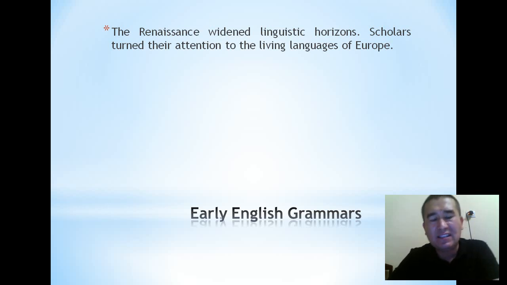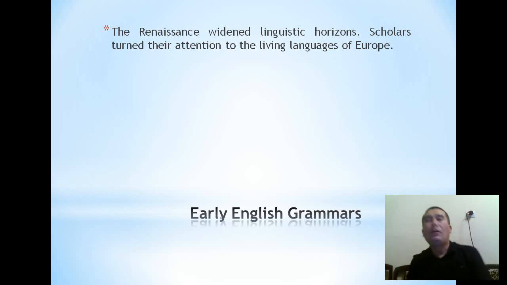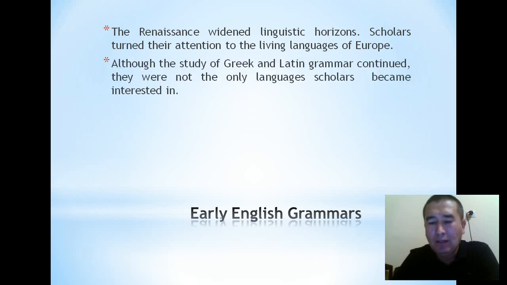In most cases, Latin was avoided because maybe one of the causes for this situation is that Latin was no longer a language of living nations. It was a dead language, maybe. So, although the study of Greek and Latin grammar continued, they weren't the only language scholars became interested in.